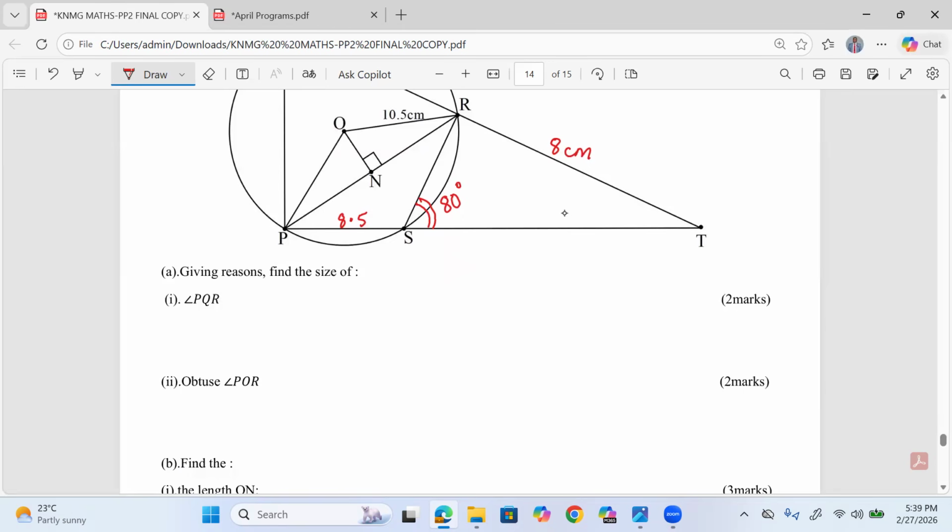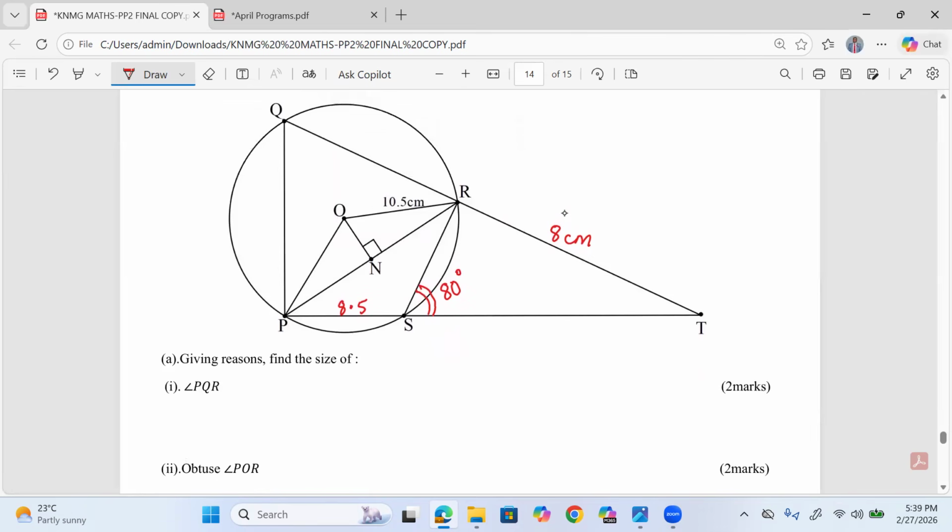Now, giving reasons, find the size of the angle PQR. PQR, the angle at this point. We are going to solve that one together, and it is my wish that you shall understand.